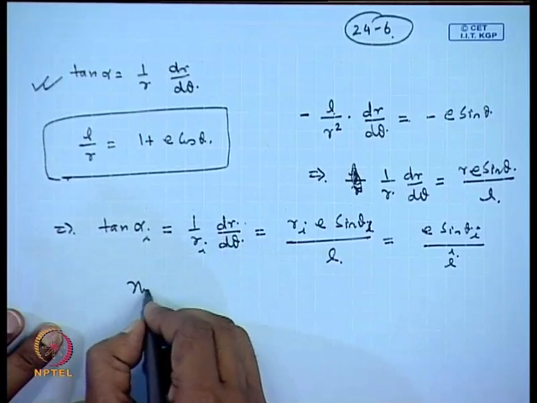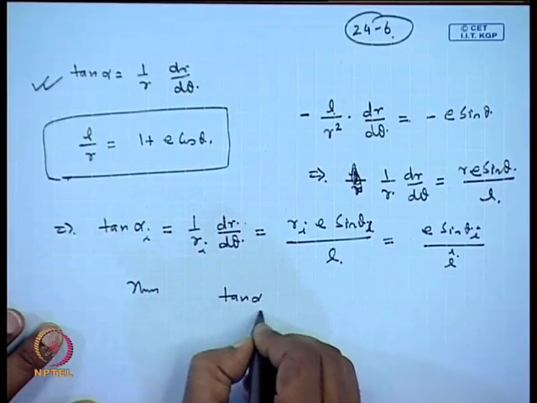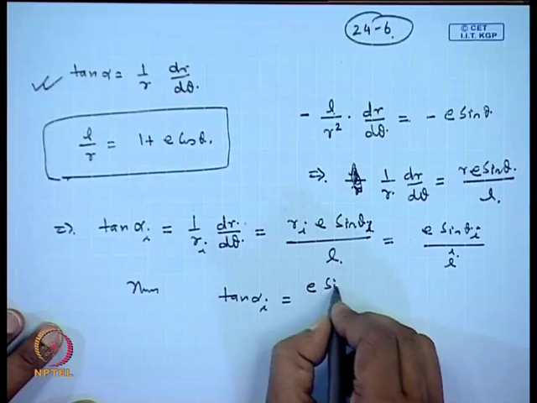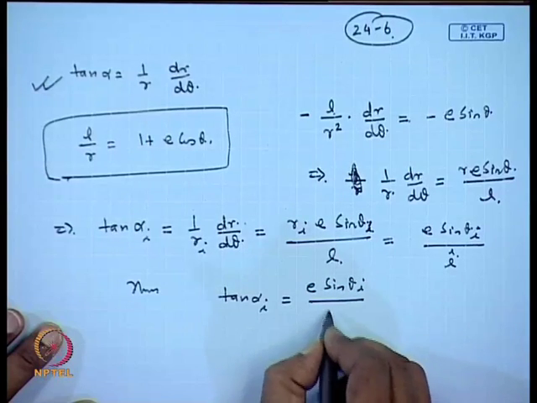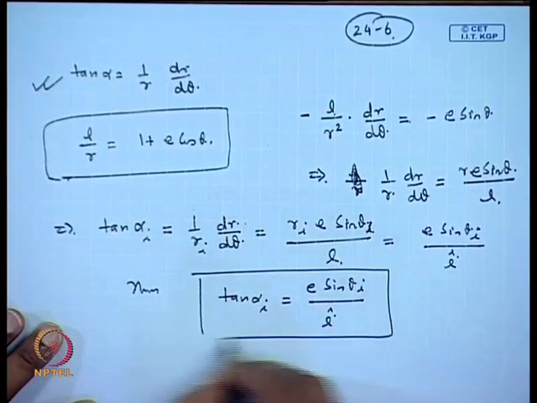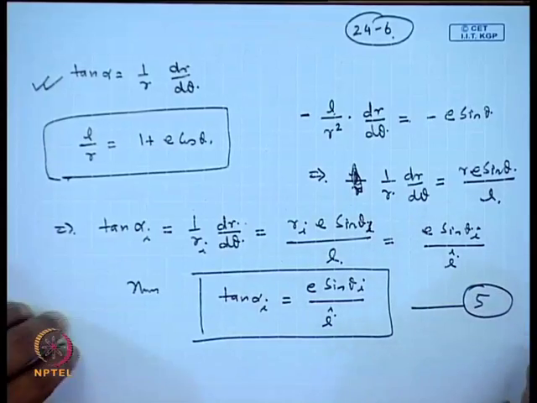Thus, tan alpha I is equal to e sin theta I divided by L cap. This is our equation number 5.